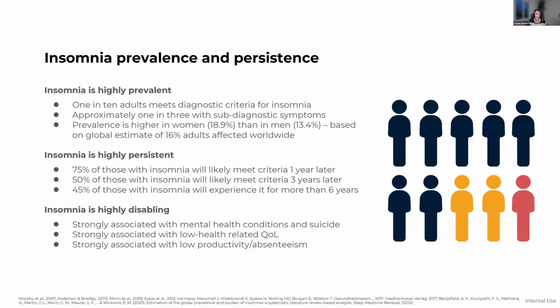The prevalence is higher in women than in men. If we look into the global prevalence, we have an estimate of around 16% of adults affected. It is also very persistent, so about 75% still meet criteria 1 year later. 50% meet those criteria still at 3 years, and 45% experience it for more than 6 years.